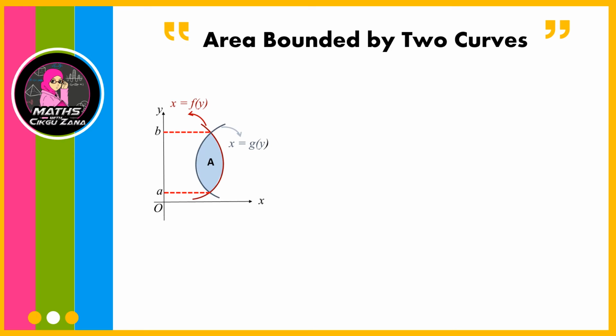Consider the area of the shaded region given in the diagram. The two curves x equal f of y and x equal g of y intersect at y equal a and y equal b.